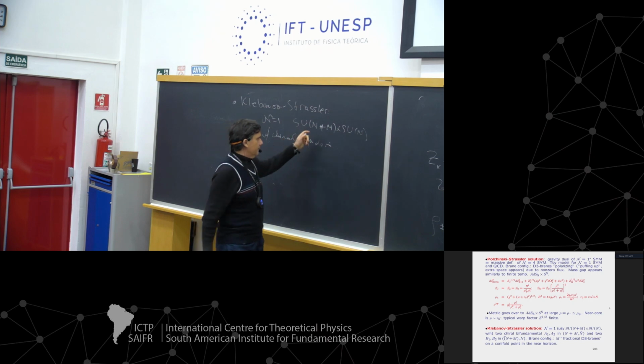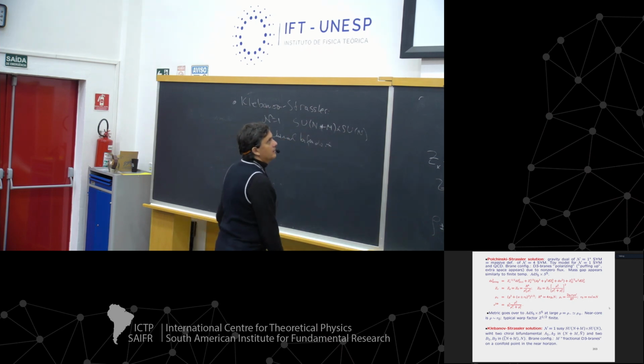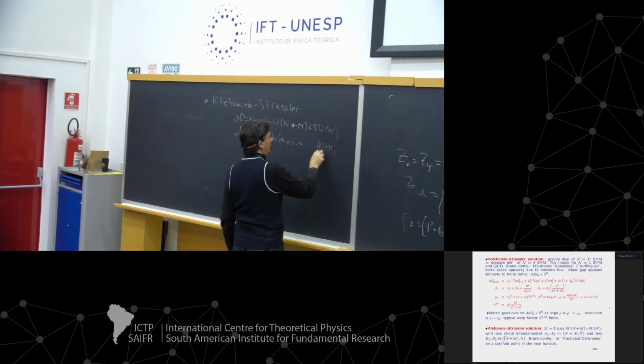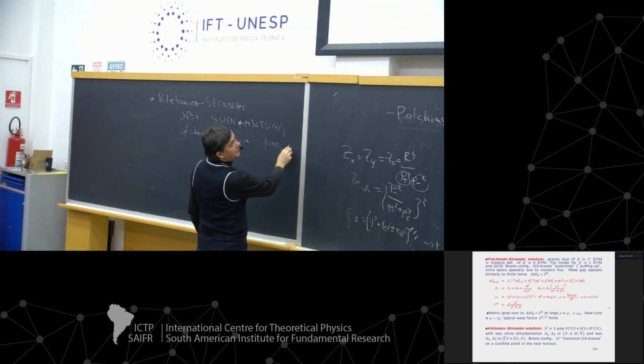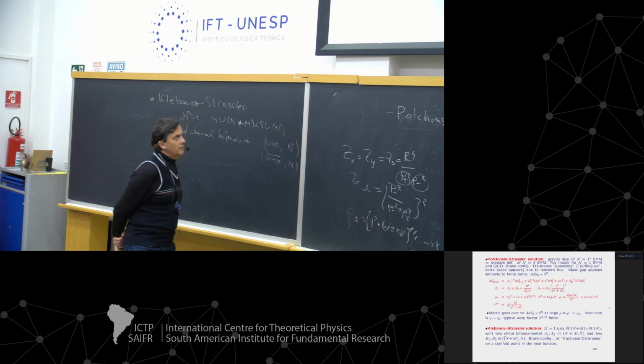So bifundamentals in the fundamental of one and the other gauge group, so in the fundamental of the first group and anti-fundamental of the other. And then other bifundamentals in the complex conjugate one.